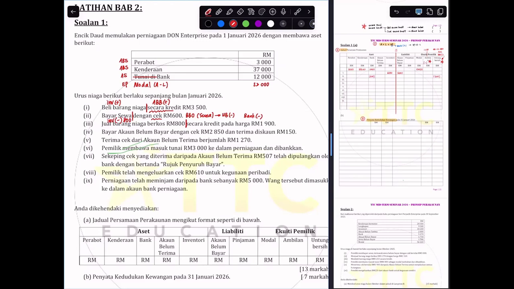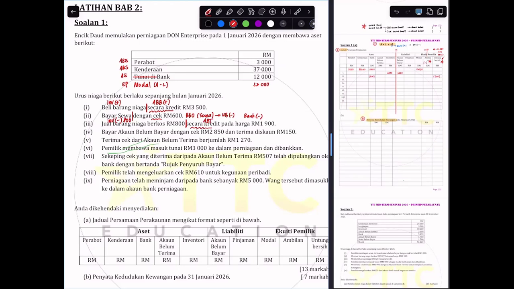Okay. So remember that concept. Then they mentioned secara credit. That means you sell your product, have you received money? If it's secara credit, you sell product, yes, but have you received the money? Not yet. If you sell and haven't received money, how do we call it? Terima, because in Malay, receive.